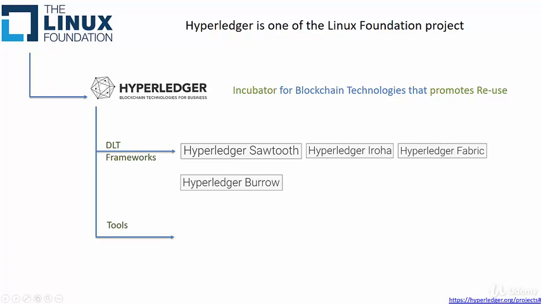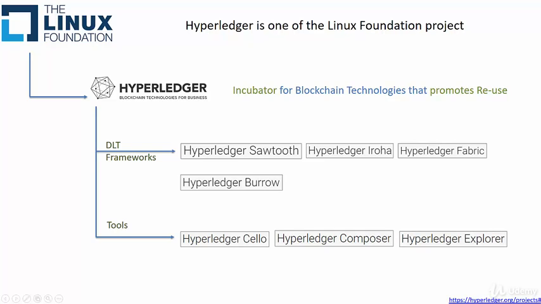Second category of initiative is the tools. There are four active tool projects. Cello is an initiative that aims to simplify creation and management of blockchain infrastructure. Composer is for creating business network applications using the high-level Composer language. Explorer provides visibility into an operational blockchain system.